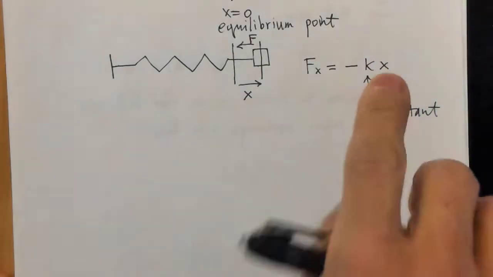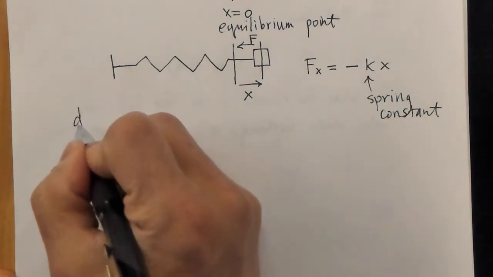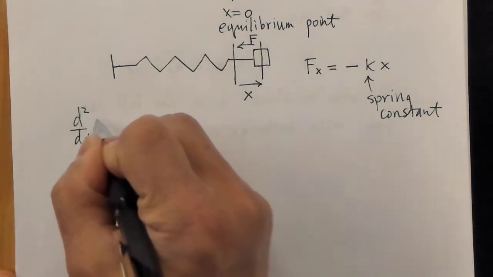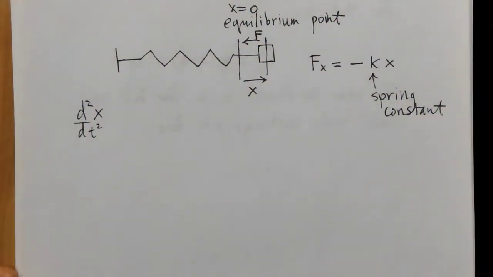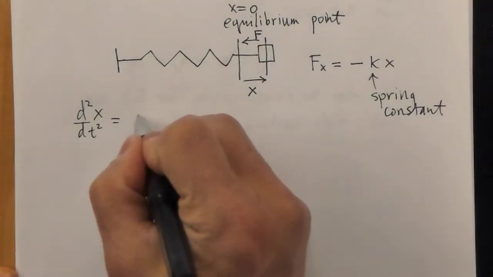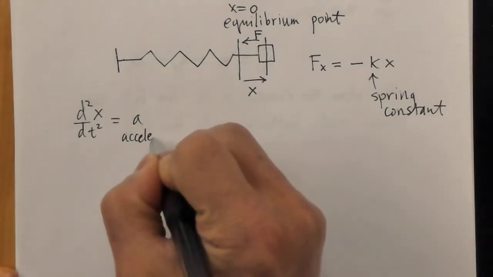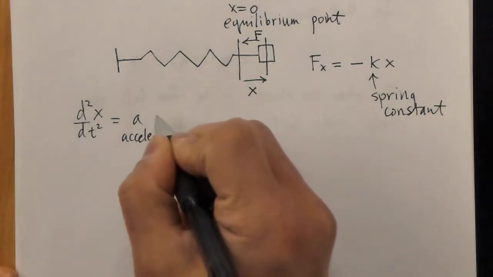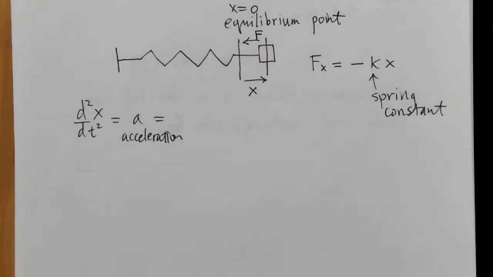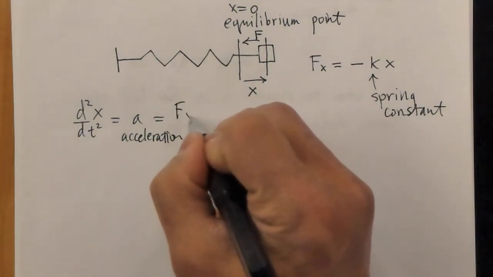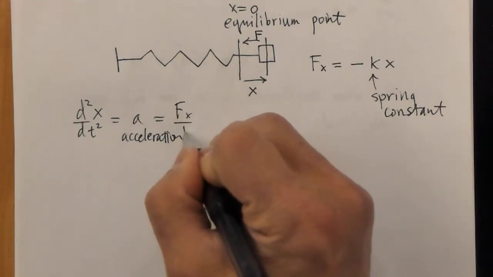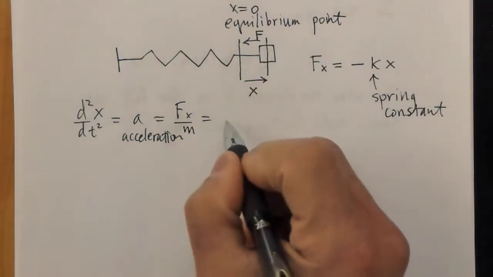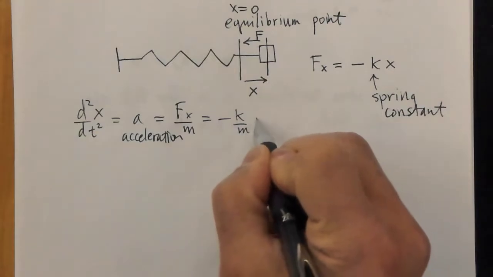times x. Okay. So if you know what all this stuff is doing, the double derivative of x, that will be the acceleration, is equal to the force in x divided by m. I said I was not going to write it down, now I'm writing it down. I'm sorry. And I plug it in here, I get minus k over m times x.